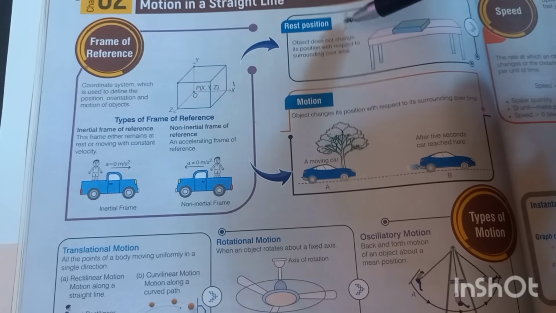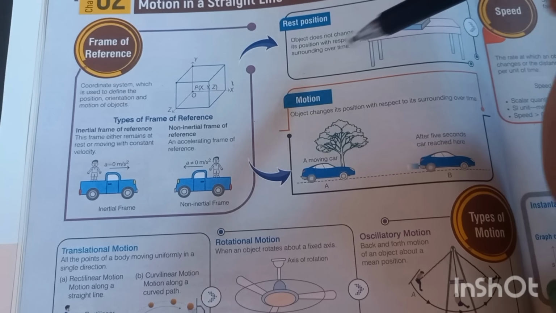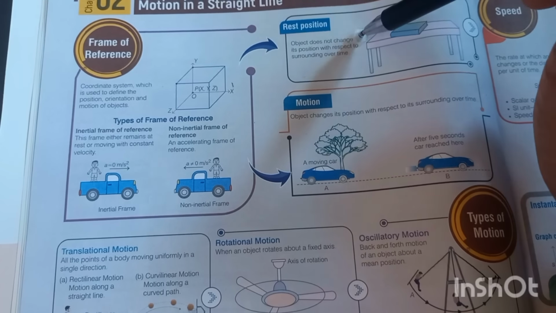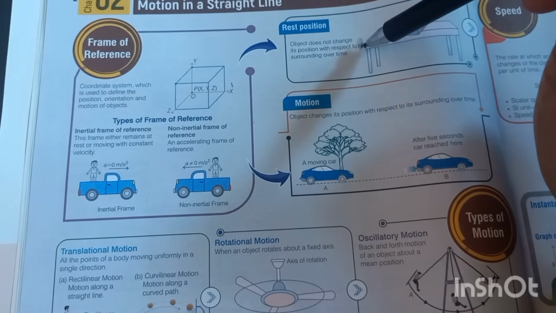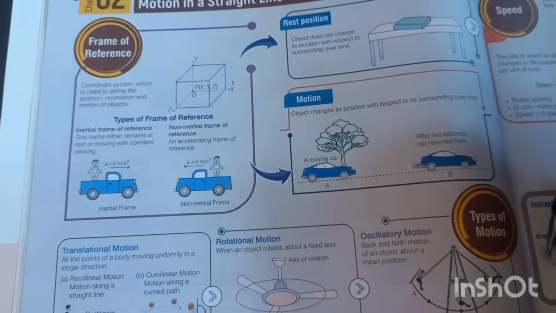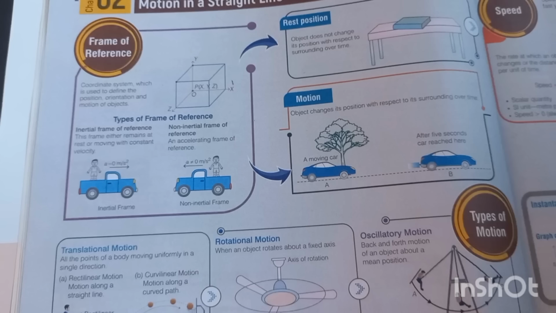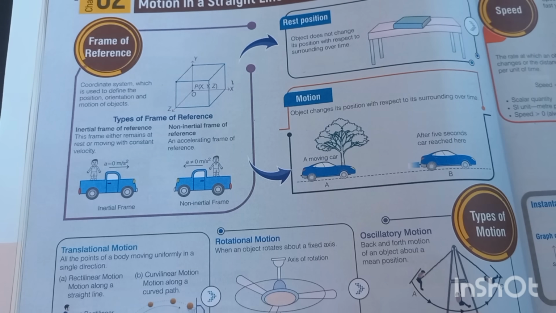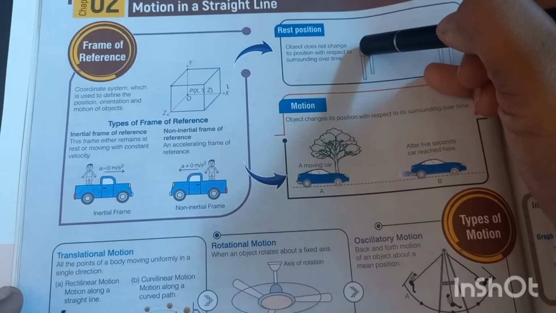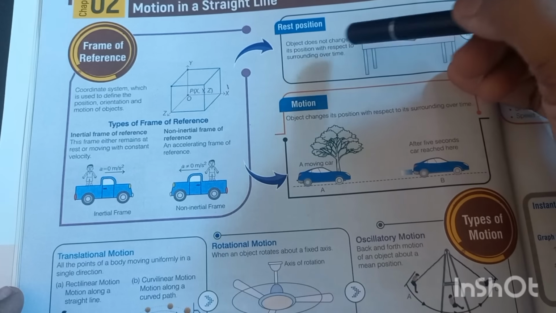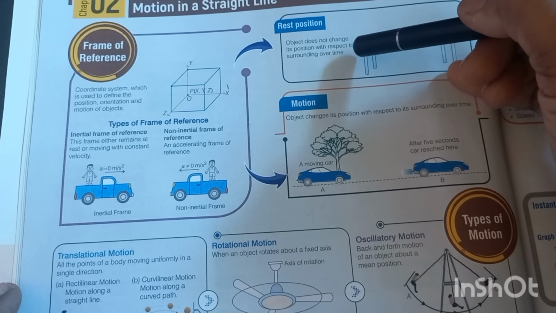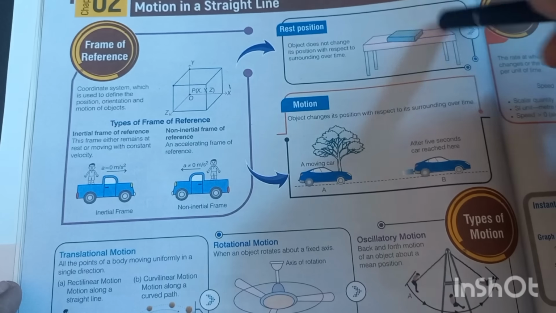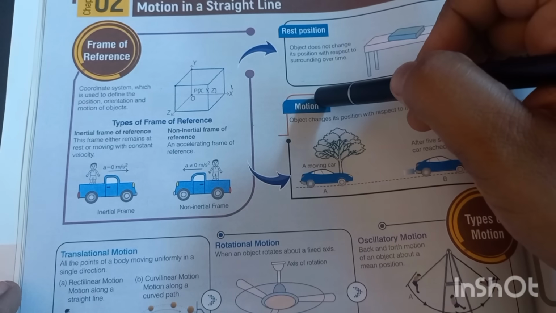So rest position, what is meant by rest position? If the object does not change its position, okay, so that is known as the rest, right? And with respect to time also, the object which does not change its position with respect to the surrounding over time, that is at rest. Then what is motion?